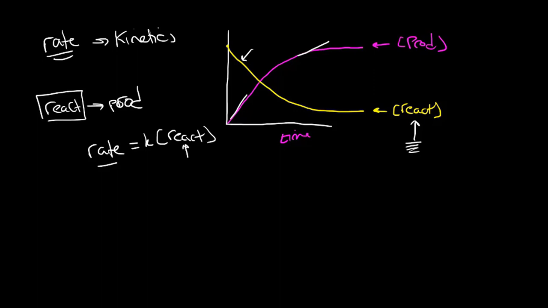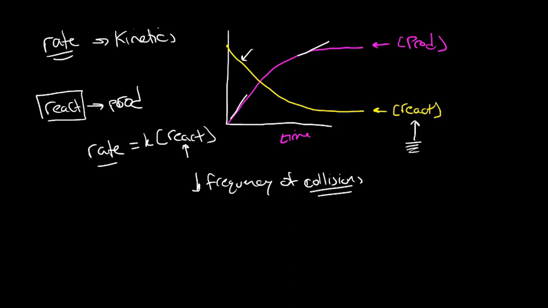So as the concentration of reactants decrease, so does the rate. And we explain this by suggesting that as the concentration of reactants decrease, it decreases the frequency with which the reactants can actually interact. So it decreases the frequency of collisions.